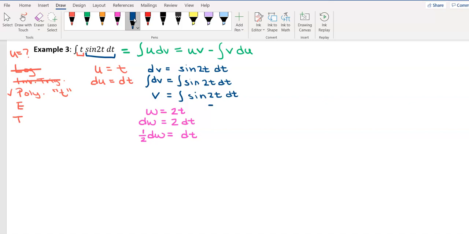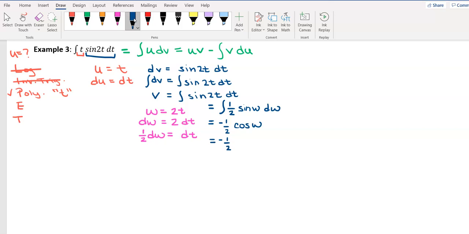So I'm going to rewrite this in terms of w. Okay, so kind of continuing down the line here, the integral of the 1/2 and the dw are there, and it's going to become the sine of w. All right, so the antiderivative of sine is negative cosine. So we'll bring that 1/2 with it, and it's going to be negative cosine of w, which now we need to plug back in terms of t.